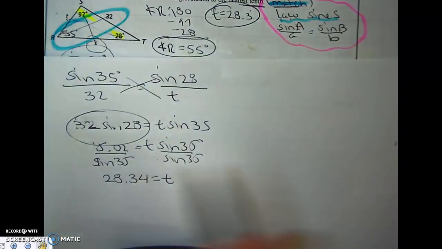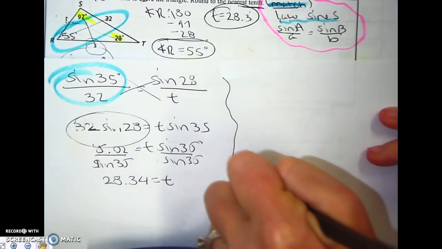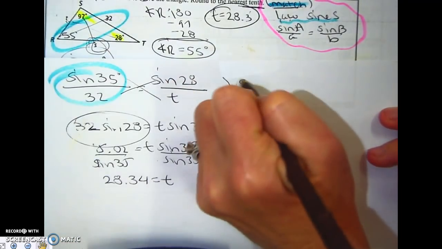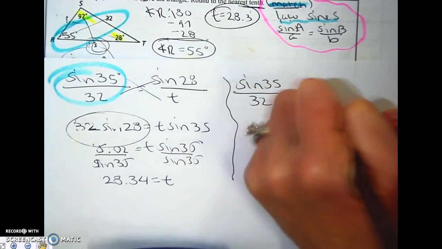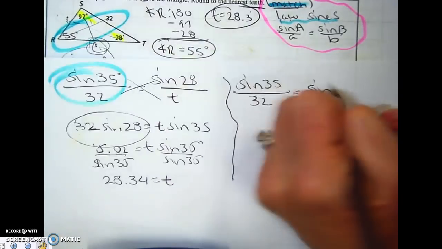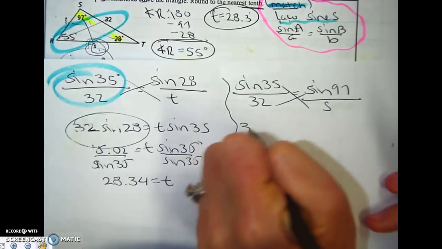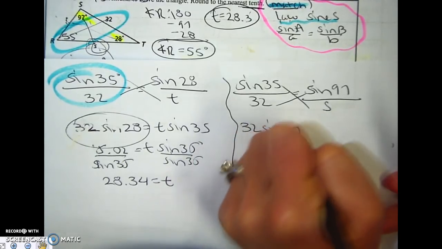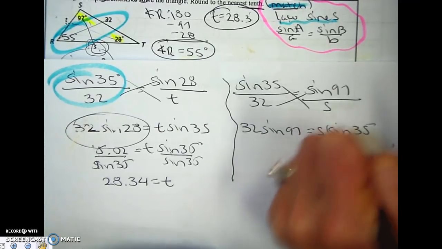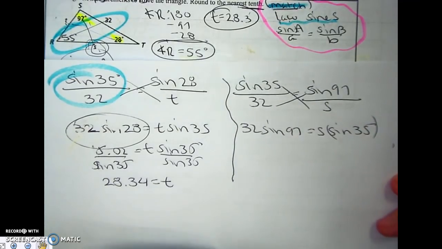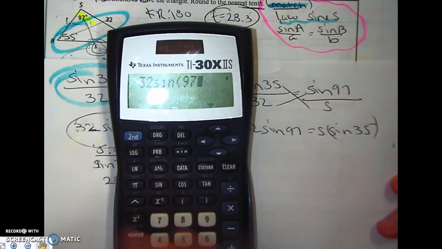Now the nice thing is, I still have that same ratio, so I'm going to transfer it over here and play the same game to get s. So I'm going to go sine of 35 over 32 equals the sine of, what's s across from? 97 over s. Make an x, multiply what touches. 32 sine of 97 equals s sine 35. Maybe I'll put that in parentheses so I don't forget. In my calculator, I'm going to go 32 sine 97.